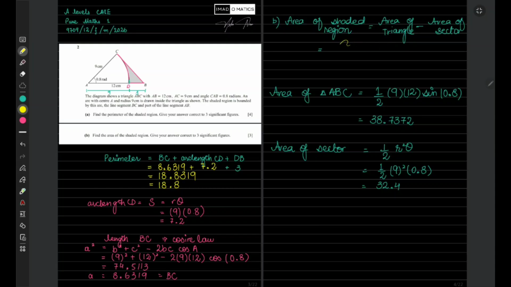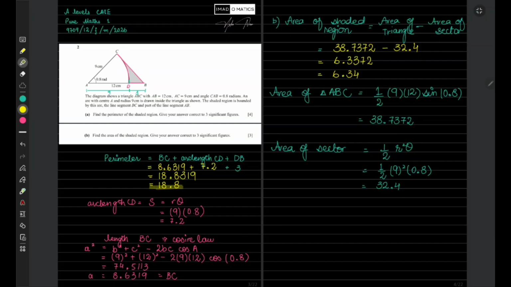Substituting these values back, 38.7372 minus the area of the sector, 32.4, gives you 6.3372, which up to 3 significant figures becomes 6.34. So this is your required answer.